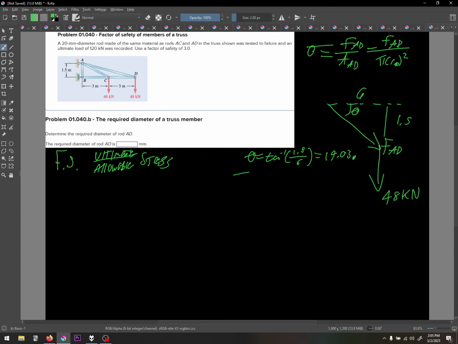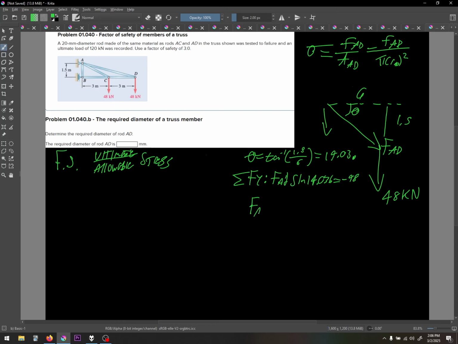And using the sum of the forces in the y direction, we can say that FAD sine of 14.036 is equal to 48 kilonewtons. Realistically, this shows a down force, and that's a down force, so it should be plus, so it should equal negative 48. I'm just going to write that equals negative 48.